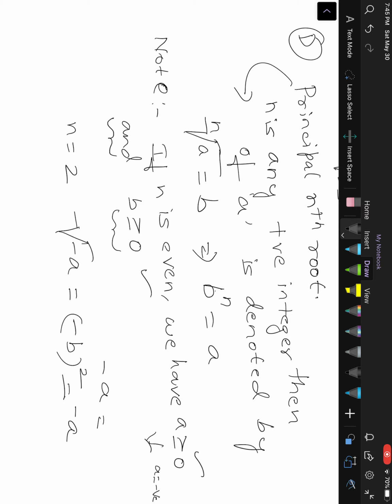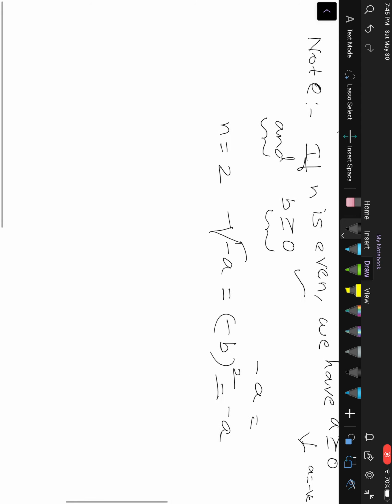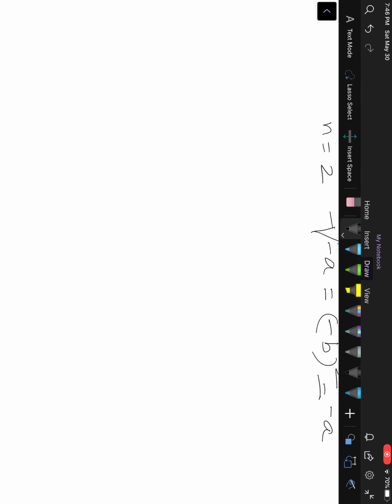Why? Because a negative sign multiplied an even number of times gives you a positive sign, not a negative sign. So these two have to be true always. All these nuances and restrictions in a definition are very important.